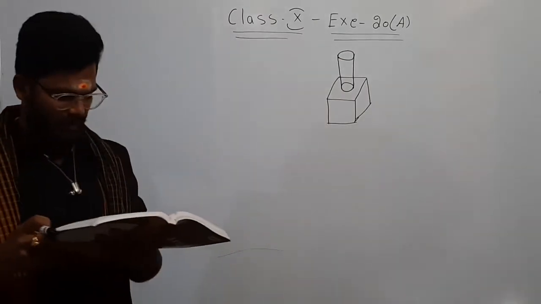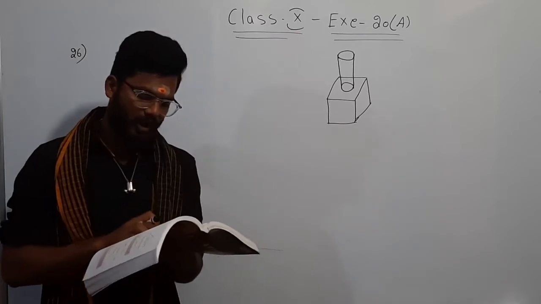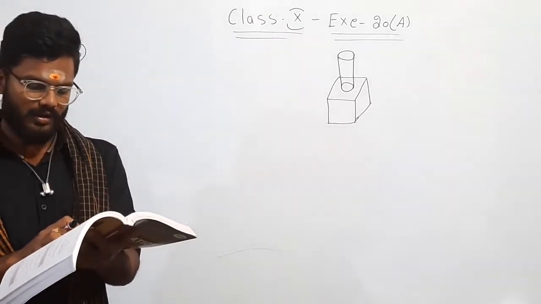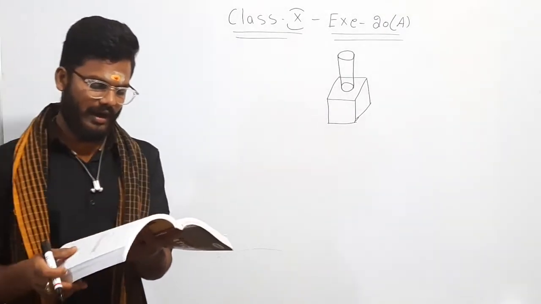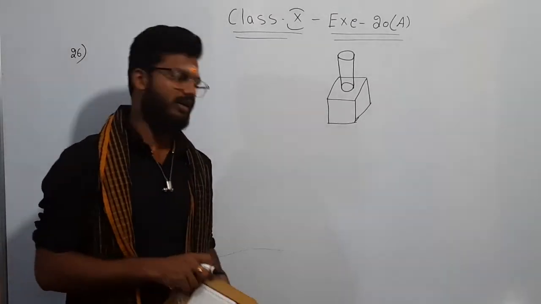So what they are asking: the given figure shows a solid formed from a solid cube of side 40 centimeters and a solid cylinder of radius 20 centimeters and height 50 centimeters. Find the volume and total surface area.